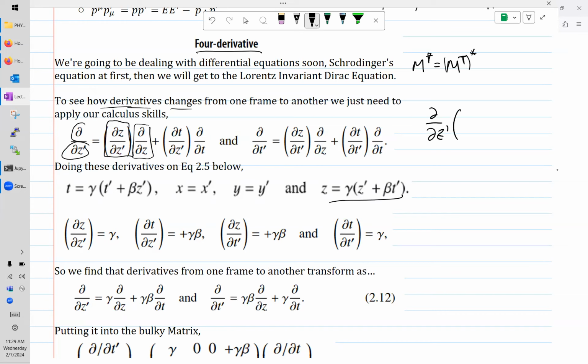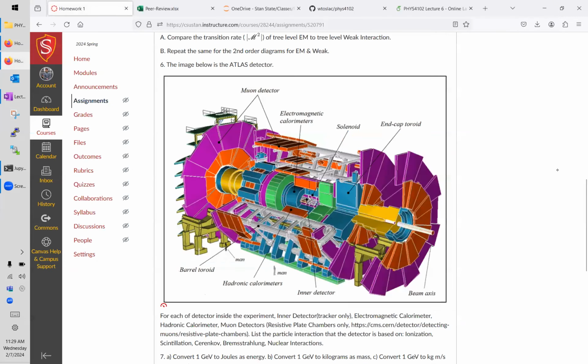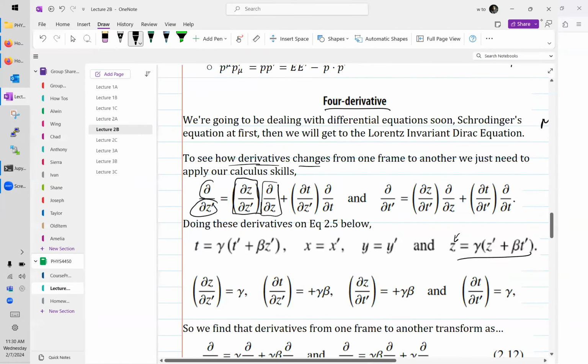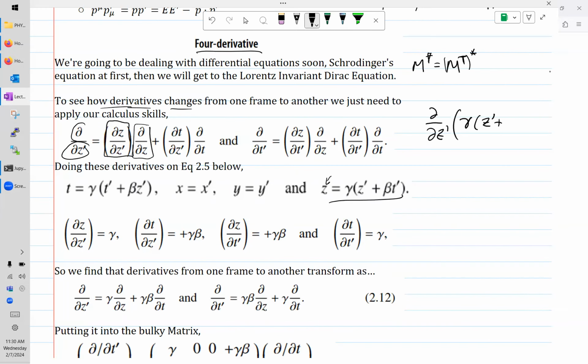Gamma z prime plus beta times t prime. Right, what I need to do, so this function depends on z prime.